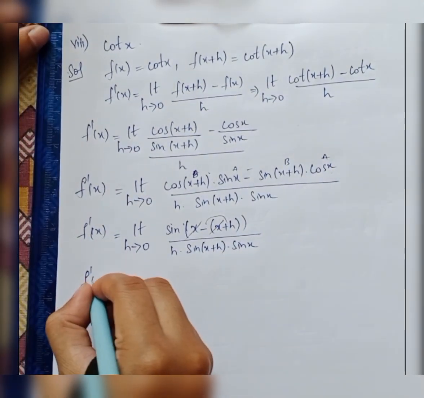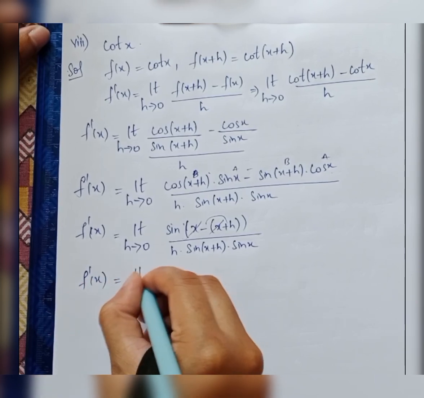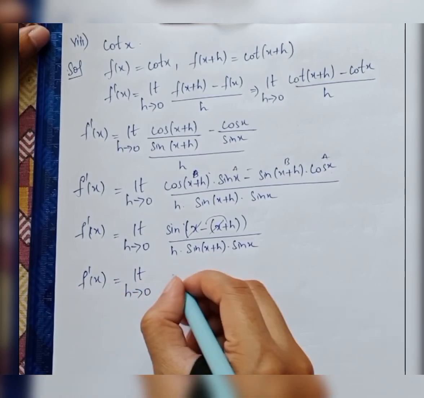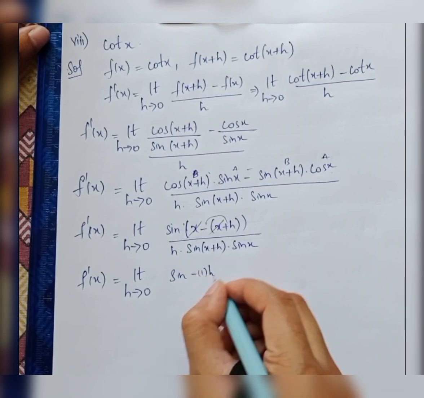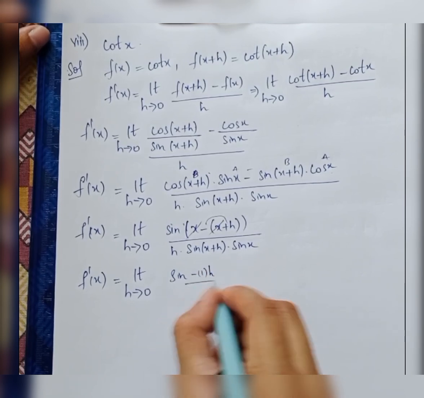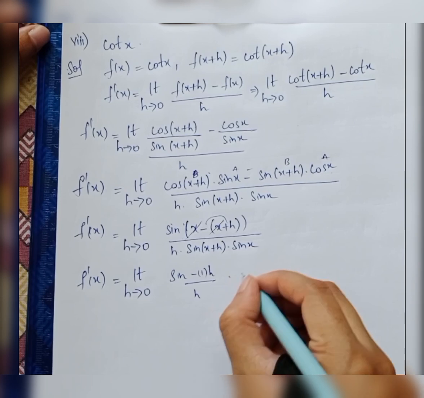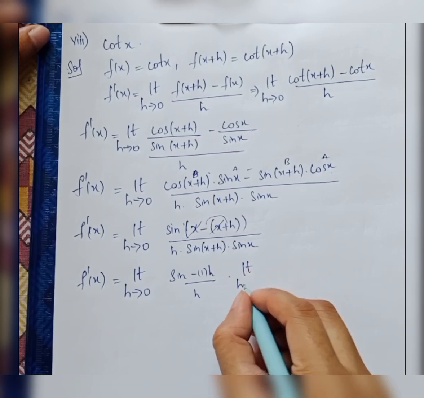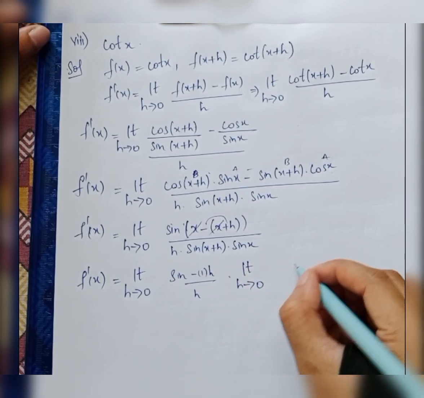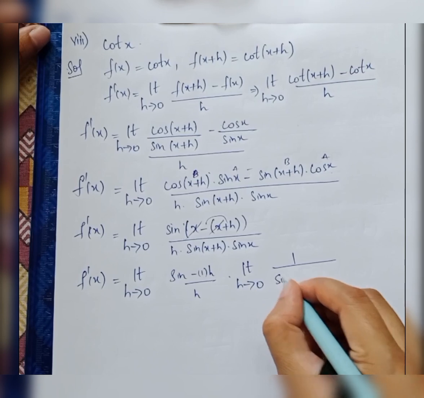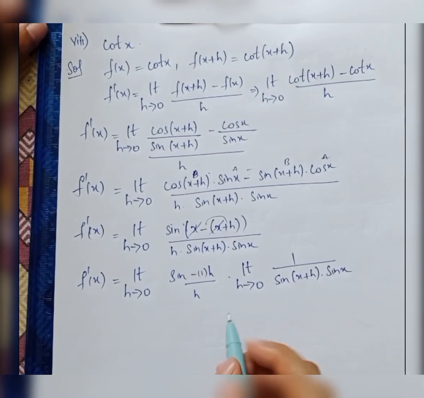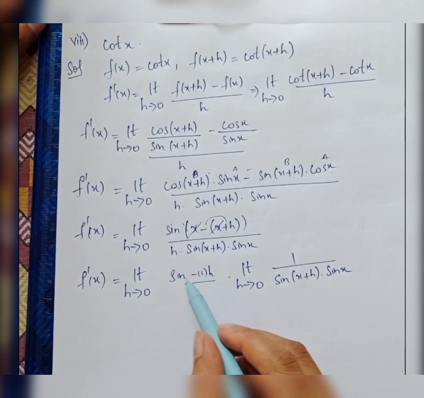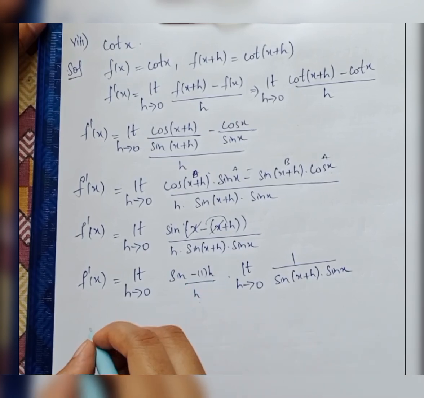Okay, so f dash of x is equal to limit h tends to 0 sin (minus h) by h, whose coefficient is nothing but 1, into limit h tends to 0 1 by (sin (x plus h) into sin x). Okay, so this formula, sin a theta by a theta, is equal to minus 1.